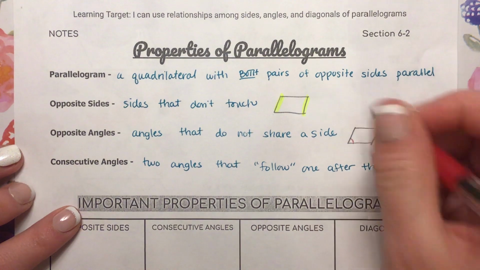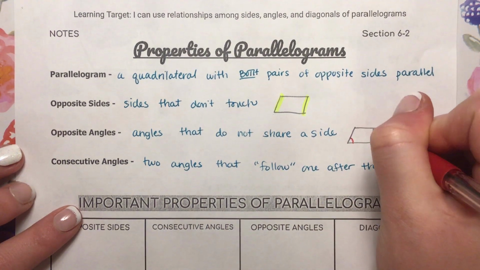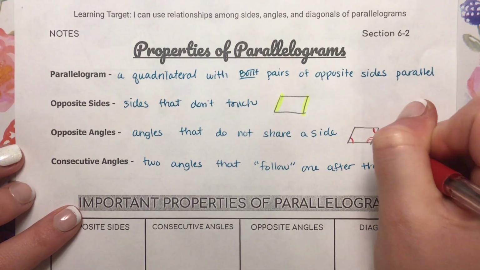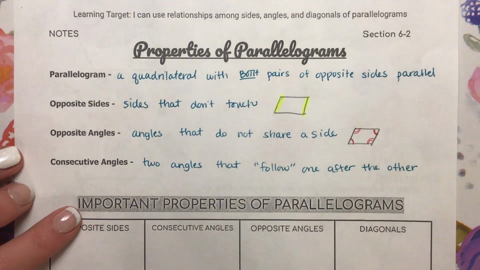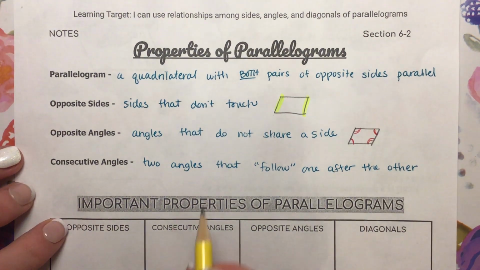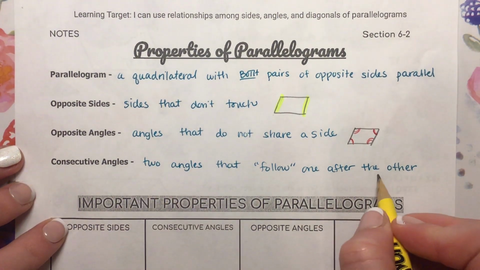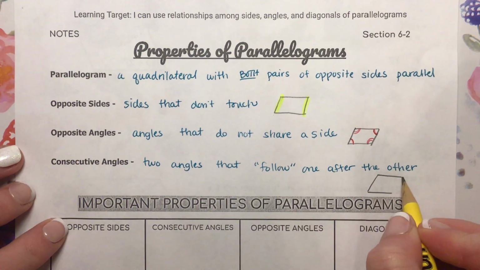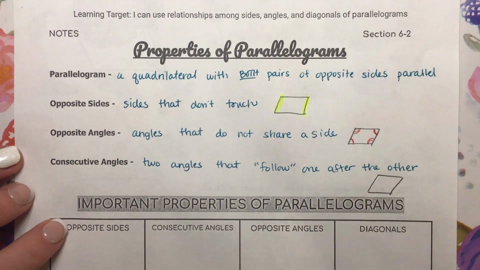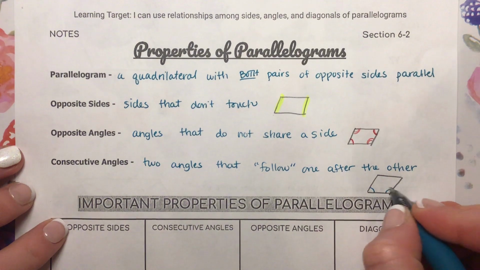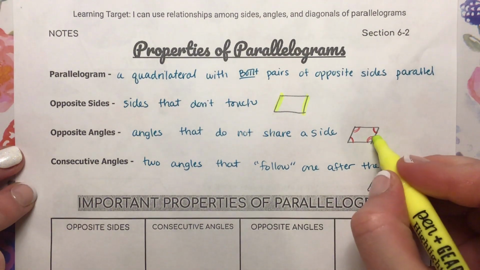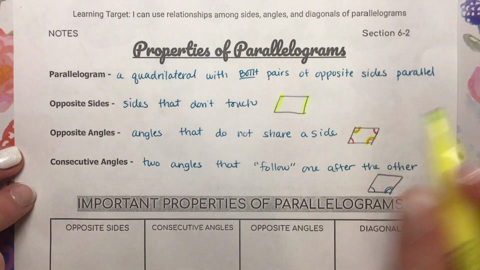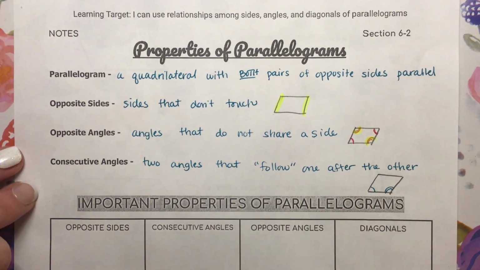But this angle would be opposite from that angle, just like this angle is opposite from this one. And then we have consecutive angles. If I were to draw another generic parallelogram, an example of consecutive angles would be this guy and then that guy. Let me highlight that a little better. So there we go. Those are some images for you.